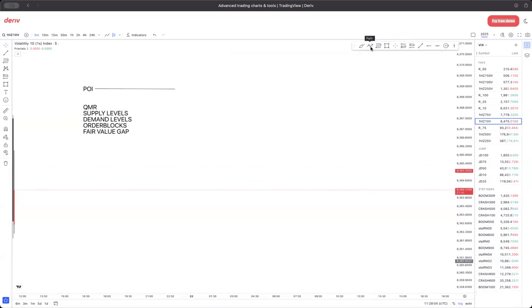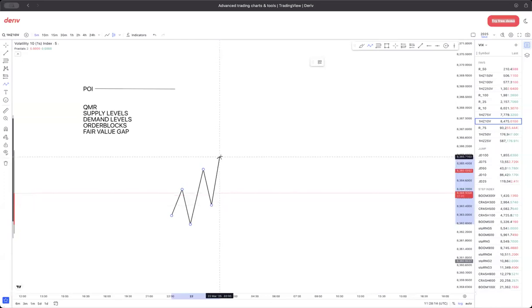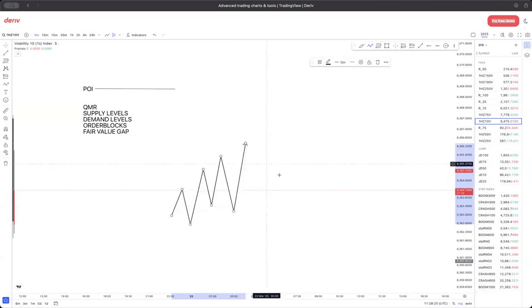Now, we said in our advanced market structure, you want to look out for a sweep of liquidity, break of structure to the upside, inducement, another break of structure. You want to see price giving you a pullback, taking out structural liquidity at this point, and giving you the expansion to the upside.